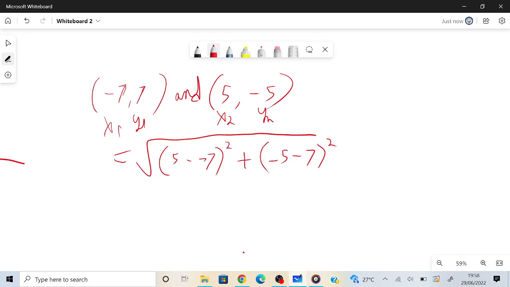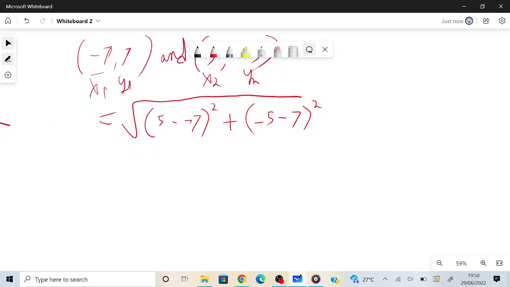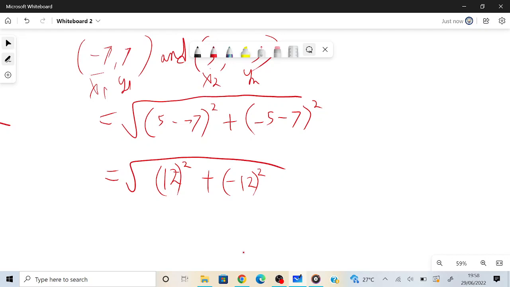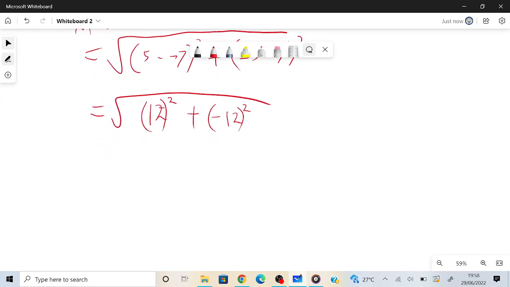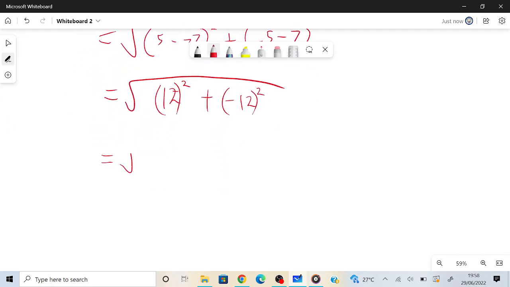Now why 5 minus minus? Because we take our x2, and since there's already a minus 7 here, it becomes 5 minus minus 7. Since you're already subtracting, you would eventually get a positive, as two minuses make a positive. So 5 minus minus 7, that's 5 plus 7, that is 12 squared, plus (-5 minus 7), that's minus 12 squared. Now again, we know that if you square any negative integer, the answer is always positive.